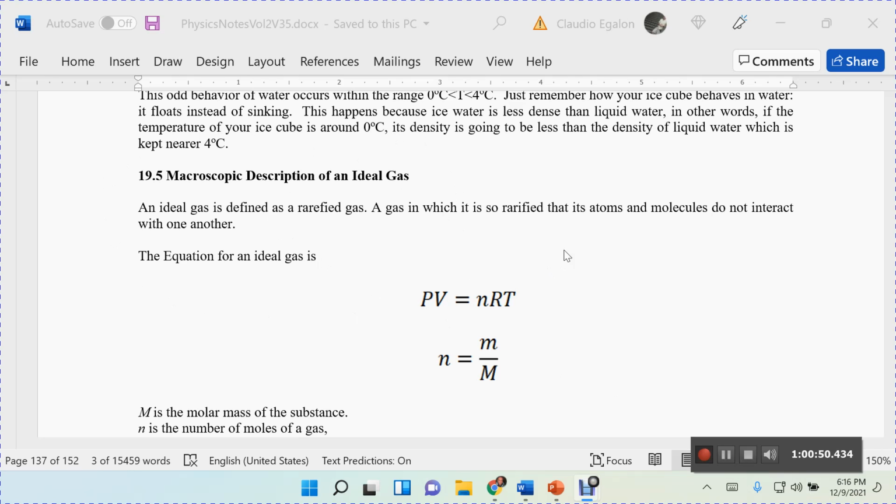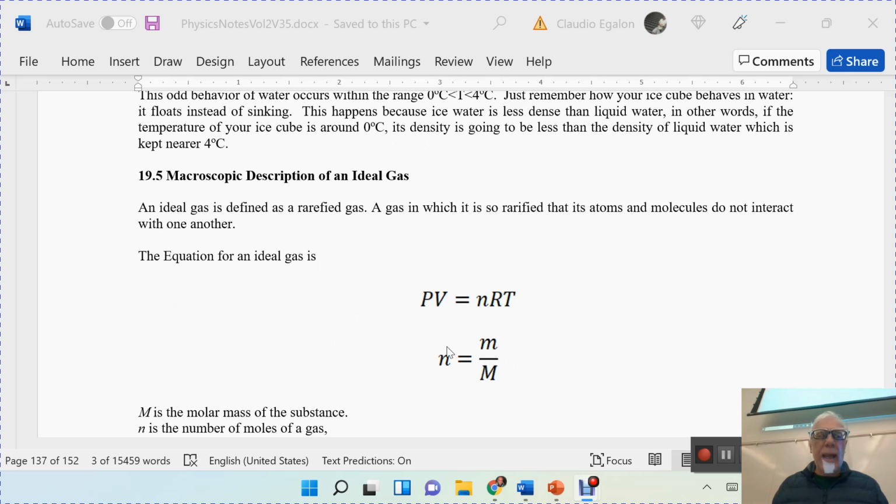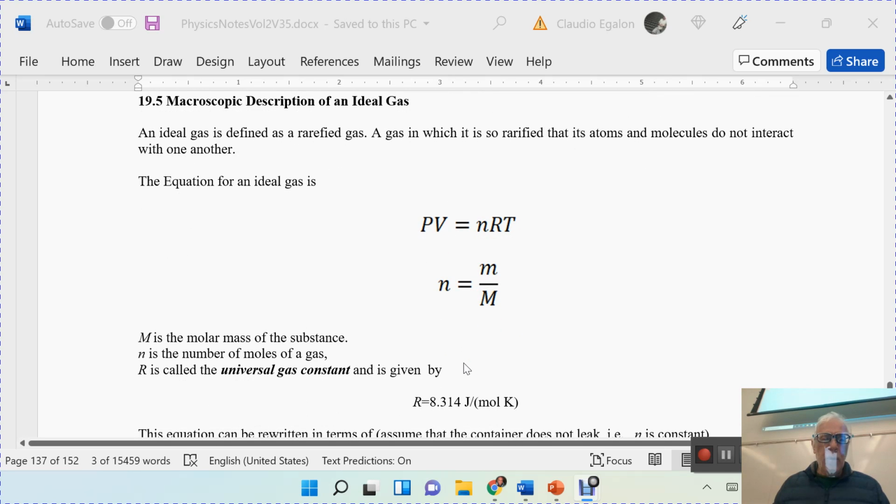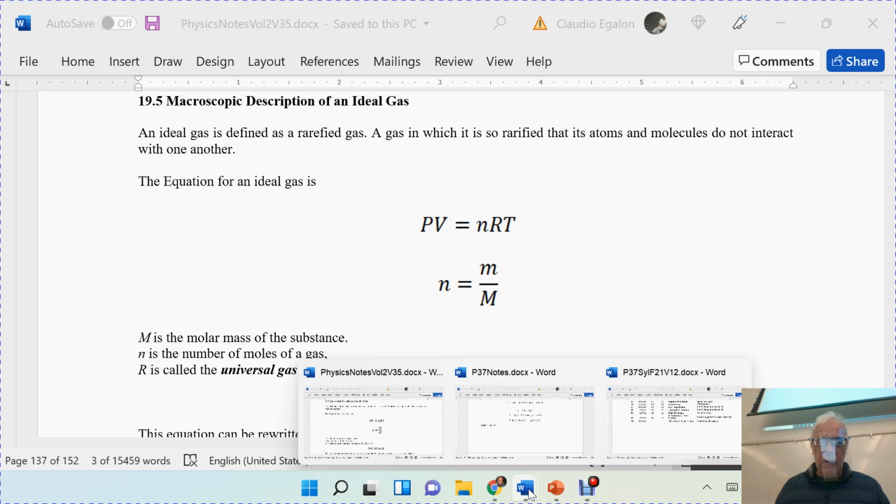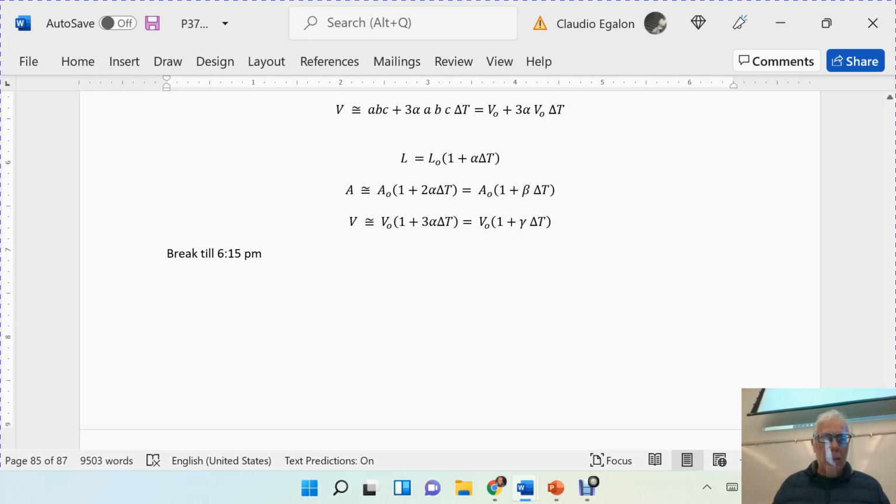So, the last thing. Oh, and by the way, now we have a new basic quantity, which is the number of moles of a gas. So let's go back to our notes here. New basic quantity: the quantity of a substance, and the unit is the moles.